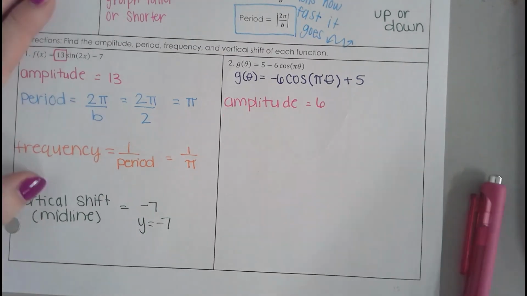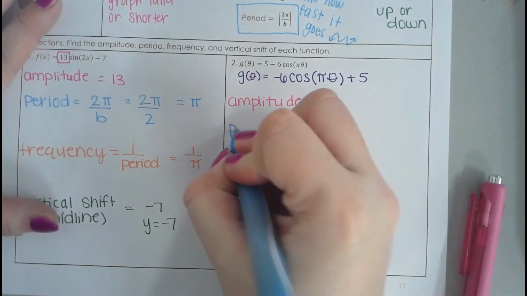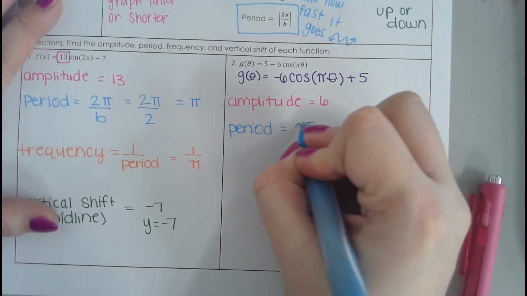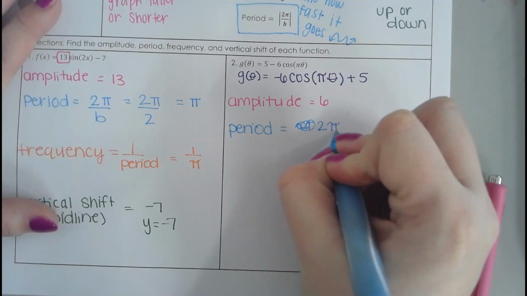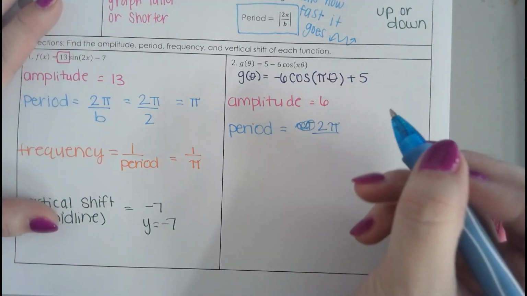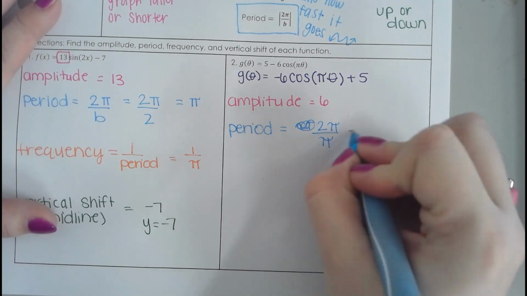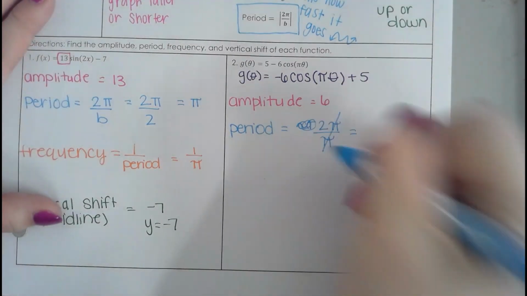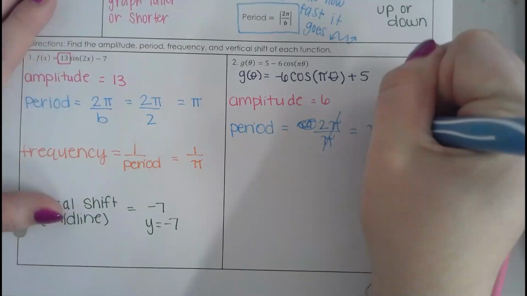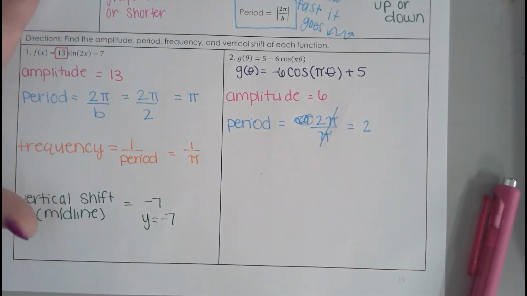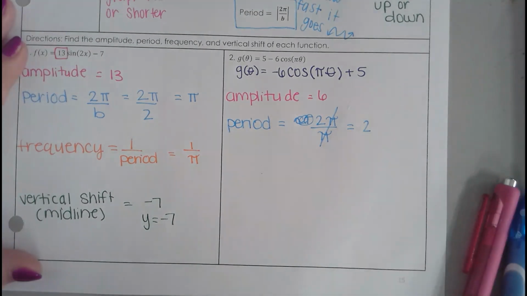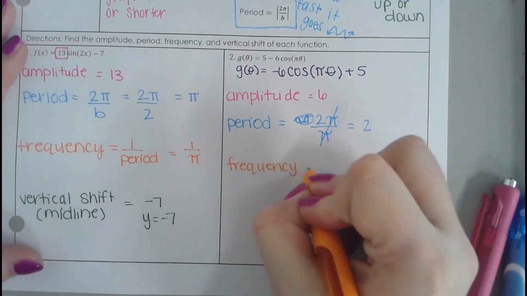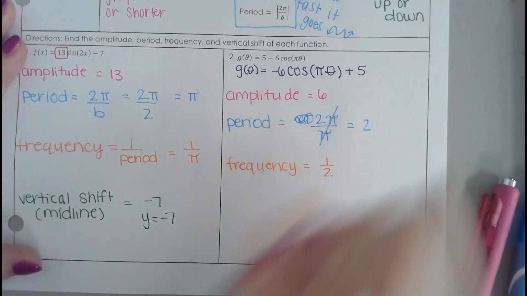All right, the period is 2 pi over b. My b is pi. So what is 2 pi over pi? The pi's cancel. 2. So that means the frequency is 1 over 2.